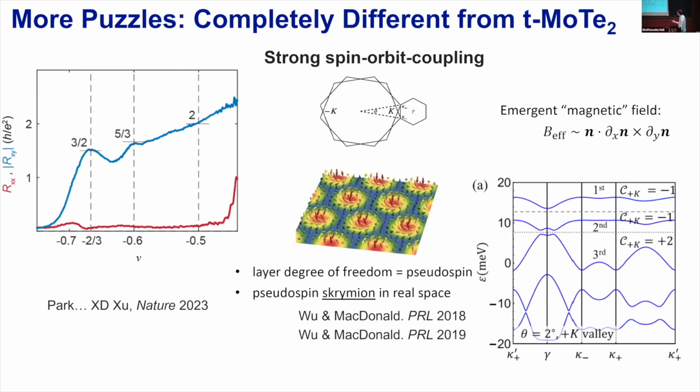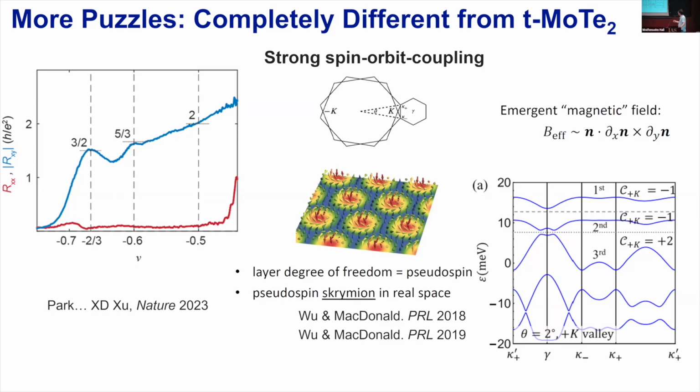And then I also want to compare this system with the twisted MoTe2. You'll probably hear from Xiaodong tomorrow about the fractional quantum anomalous Hall effect in twisted MoTe2. They look very different in the setting, okay? Although they both share 2/3 and 3/5 fractional states. But MoTe2 is a semiconductor TMD that has very strong spin-orbit coupling, while graphene has almost no spin-orbit coupling.